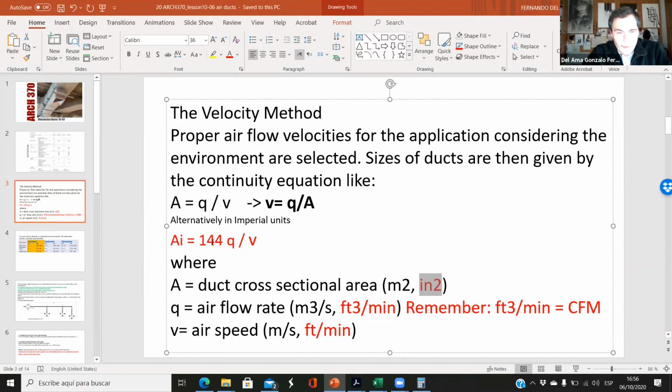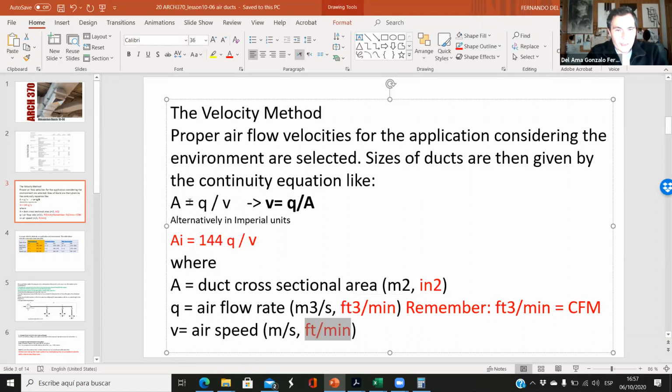If everything were either cubic inches per minute, or square feet, we wouldn't need this 144. Anyway, the usual units are inches for the ducts and cubic feet for the airflow. And finally, we have the speed. The speed is in feet per minute, the air speed.